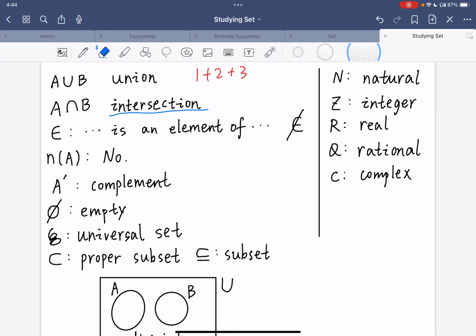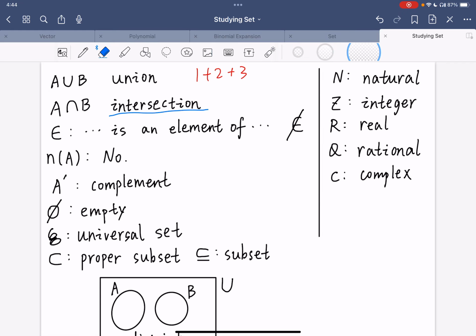Next one. Every time you see n following a set, it means the number of something. For example, A equals {1, 2, 3, 4}.